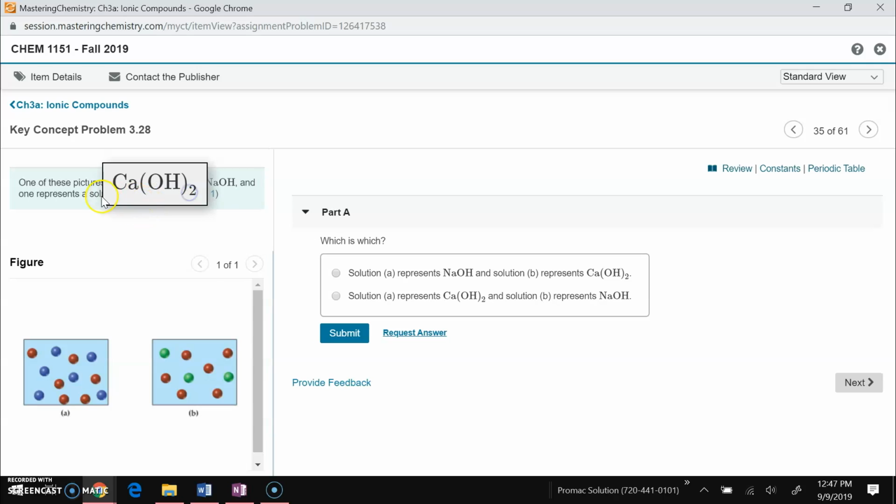one represents Ca(OH)2. If you're not familiar, OH is the polyatomic ion, the hydroxide ion, that you need to memorize. That is your anion. In the formula for NaOH, you see one cation, Na, sodium, and one anion, the hydroxide.